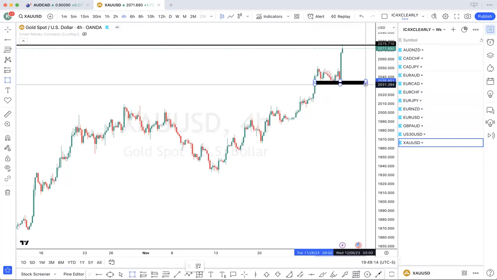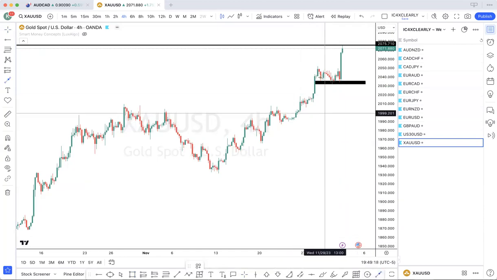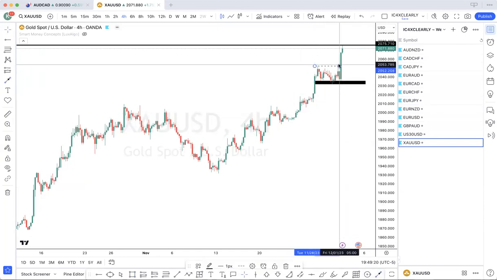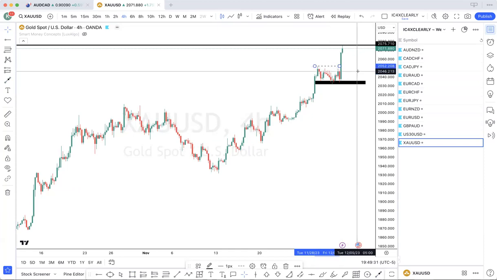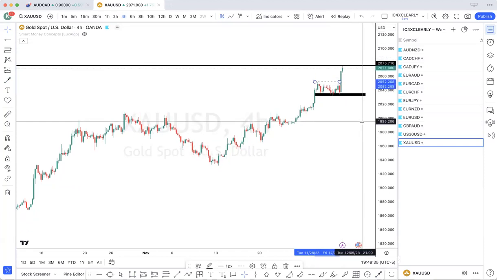you don't want to break. This is the swing, right? This is the break of structure. So price could be pulled back to retest. There's a violated order block. So price could pull back to retest this area here and push up even.